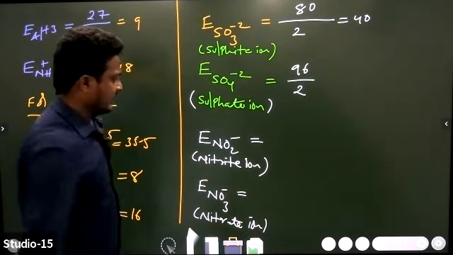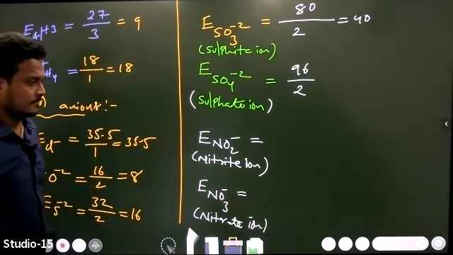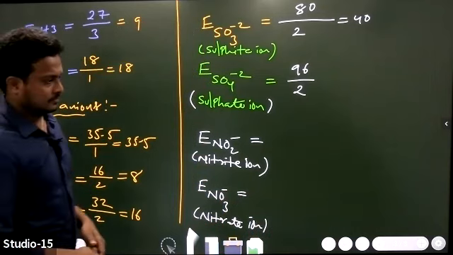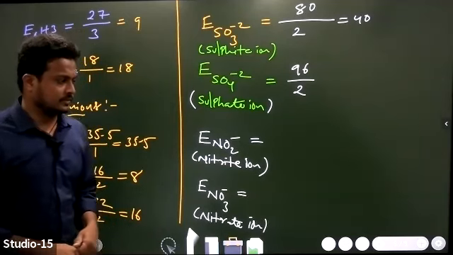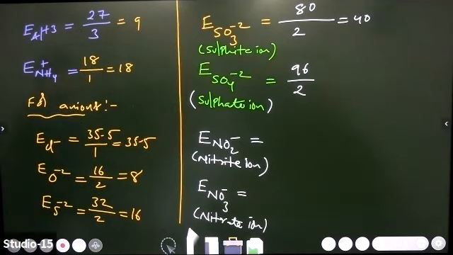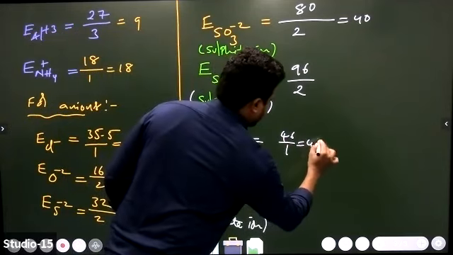Now tell me the equivalent weight of NO2 minus, nitrite ion. Nitrogen atomic mass 14 plus 2 oxygens, 32. 32 plus 14, 46 by 1, which is equal to 46.